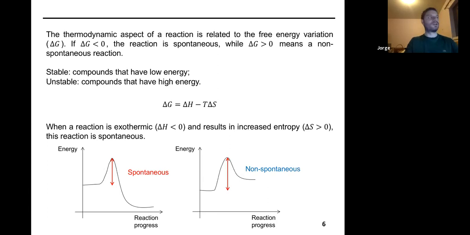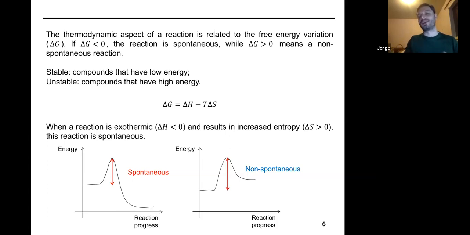Okay, so one thing that I want to make clear here is that if a reaction is spontaneous, it doesn't mean it will occur. It means it has a high probability to occur. And the same thing for non-spontaneous.